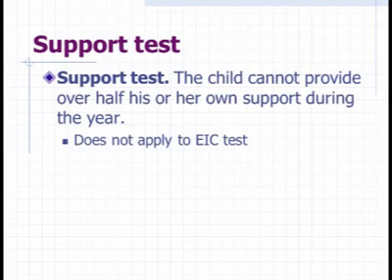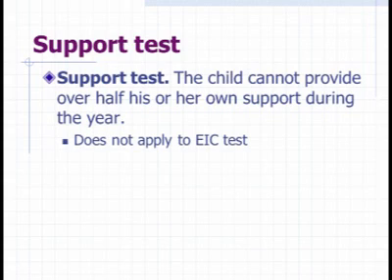Support test, this is a major difference from the qualifying relative. The child cannot provide more than half of his own support during the year. So your kid is making $10,000 modeling. If he spends that $10,000 on himself, you must have spent at least $1 more.